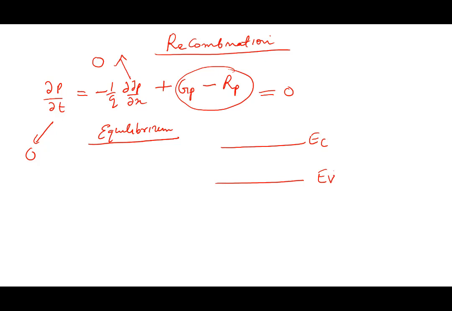Now, what is happening, as I explained in the last lecture, if I look at EC and EV, there's a constant generation taking place because of thermal effects, which we call thermal generation. And this thermal generation is constantly balanced by a recombination process. Electrons and holes are getting generated, and then the electrons and holes are recombining also. So in equilibrium, GP we can call G thermal, and minus the recombination which is occurring, they balance with each other.